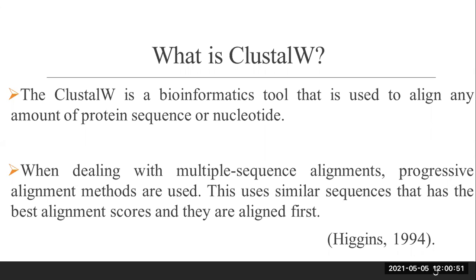Some of the algorithms that are used in this program are, firstly, the progressive alignment algorithm, which starts at regions between the sequences that have high commonality and then moves to regions which have lower commonality between each other.